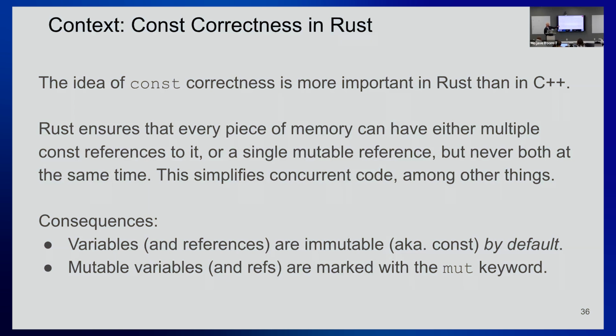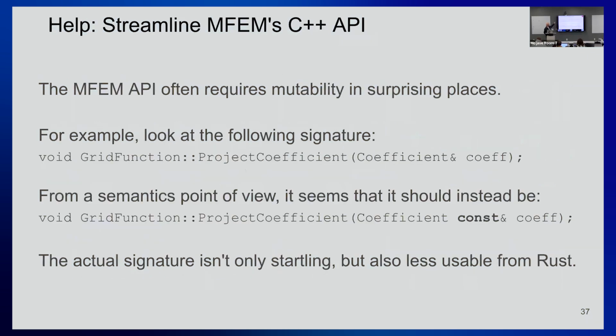So instead of having the const keyword, Rust has the mut keyword, which you have to use to mark something mutable. Because const is the default in Rust, cases where a const marking is missing from an API make the API much more difficult and limited to use from Rust.